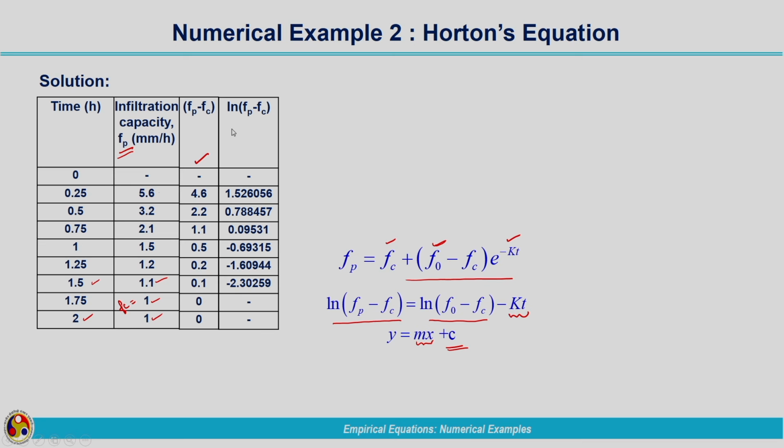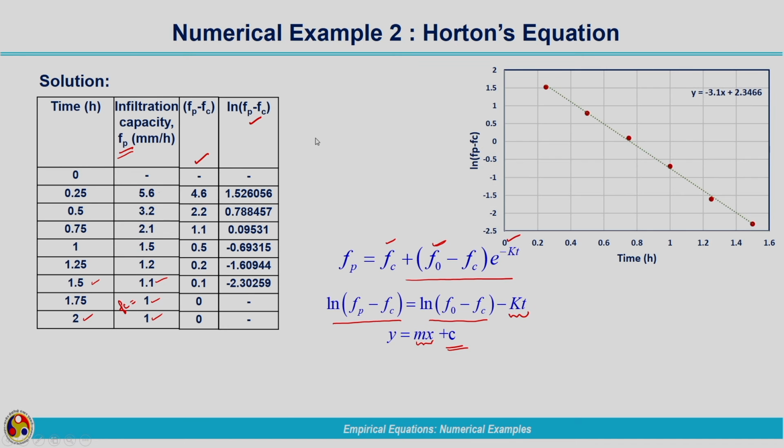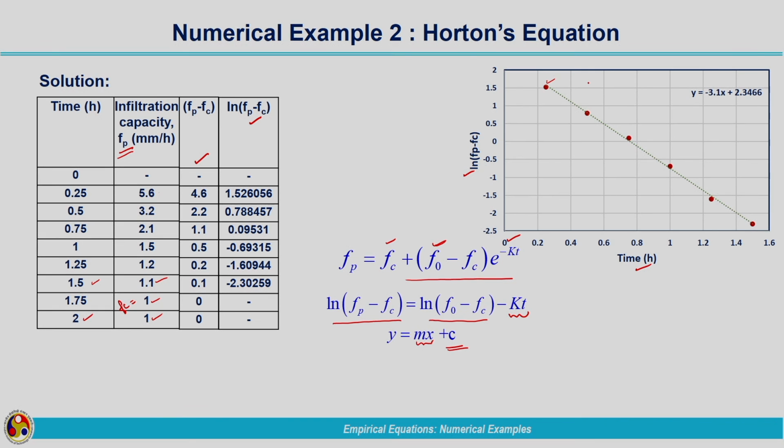Then we will find the natural logarithm of Fp minus Fc and plot the graph. We are plotting the graph with respect to ln(Fp minus Fc) and time in hours. Here the x-axis is the given time. So, we have marked the data points over here with red data points.